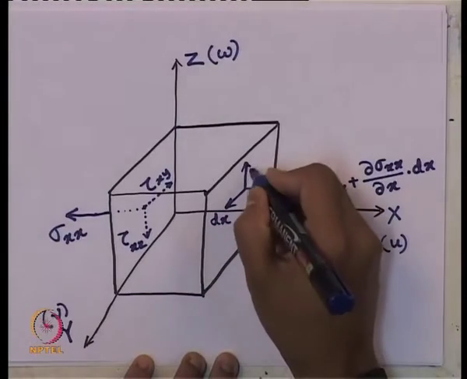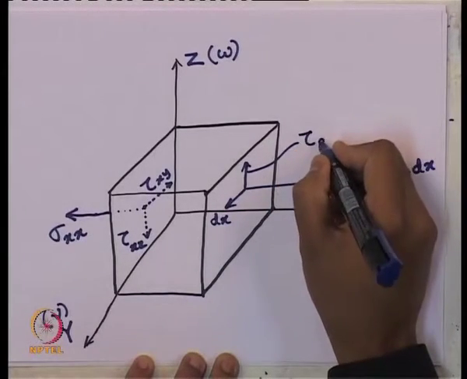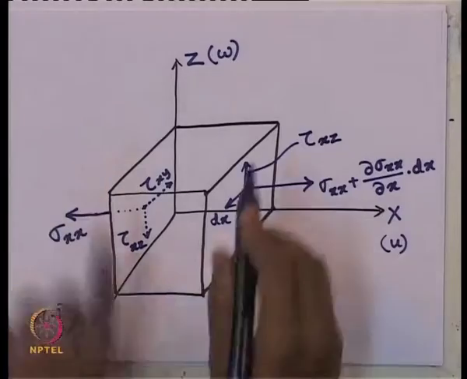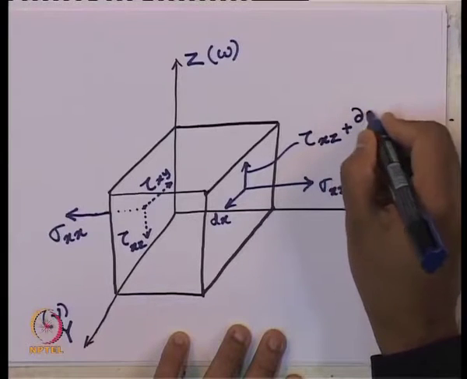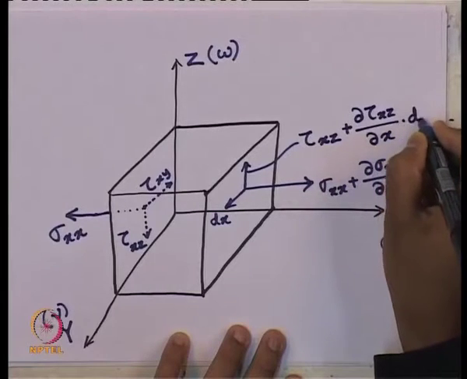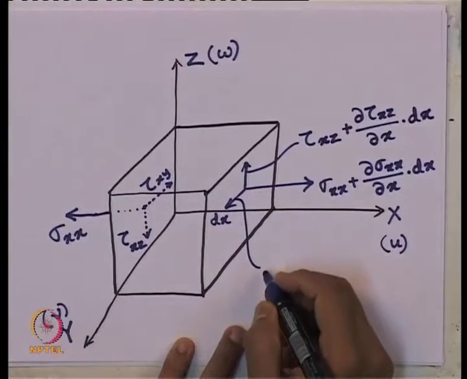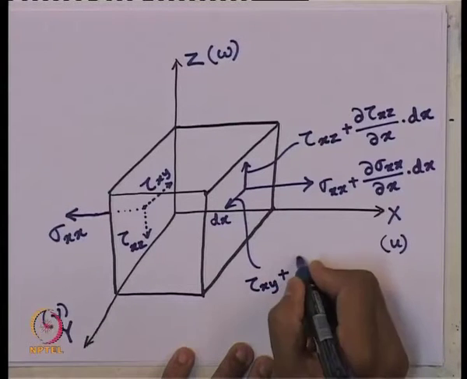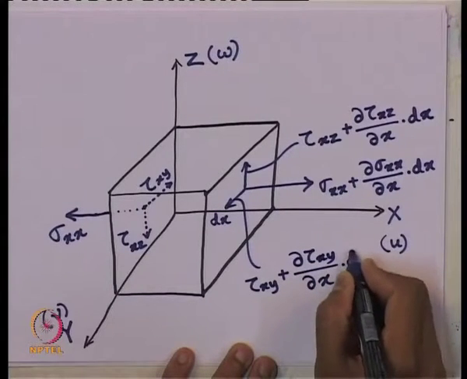This will be tau x z plus del tau x z by del x into dx, and this will be tau x y plus del tau x y by del x into dx.